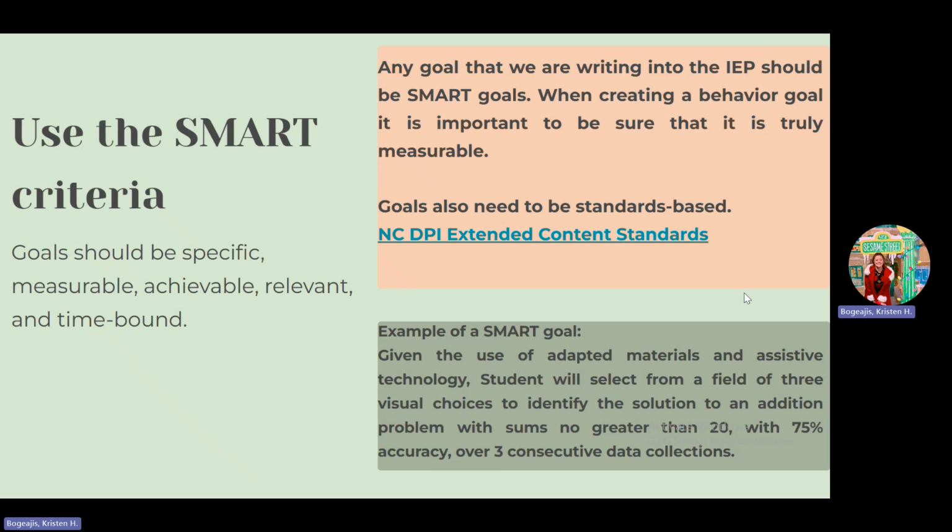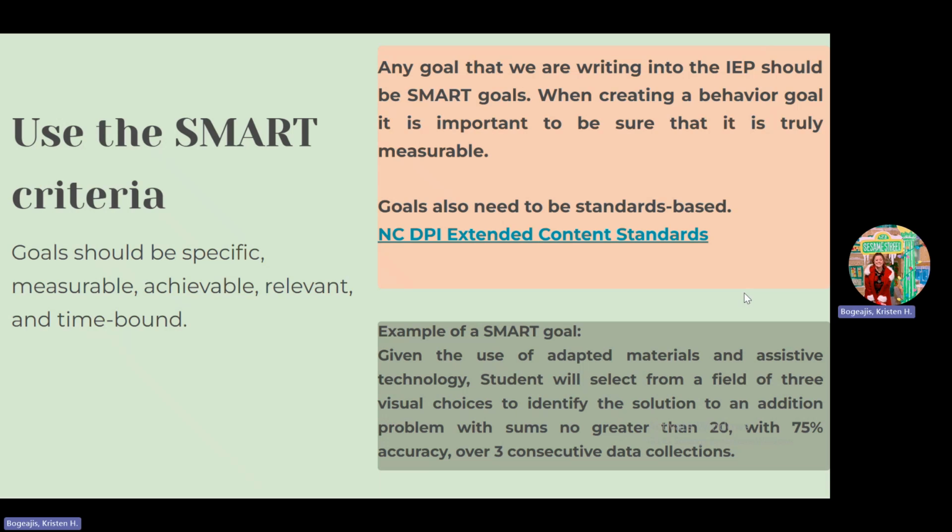So let's just say that student is in a grade where they may be expected to add and subtract within a range, but we know that is not something the student can achieve. It's not achievable at this time. They don't have those foundational skills. It's okay to write an addition goal that is at their level.